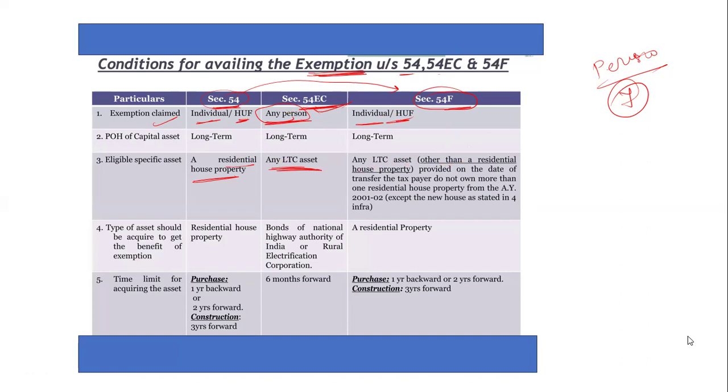Here 54F is for the long term, because it is a capital gain. The time limit for acquiring the asset, in the case of residential house property given in section 54: the purchase is 1 year backward or 2 years forward, and in case of construction, 3 years forward is applicable.